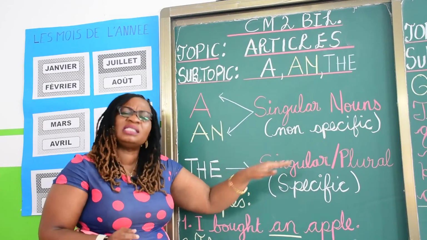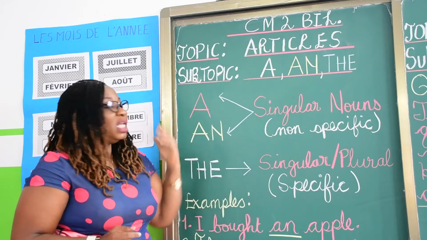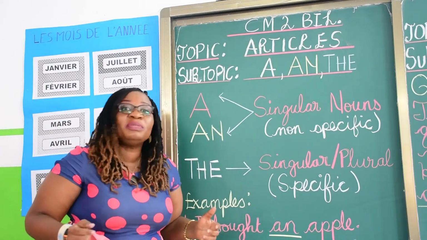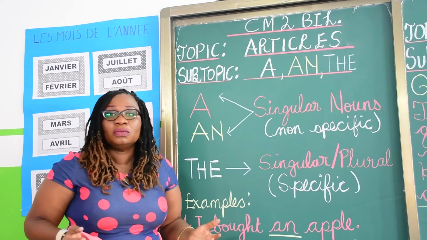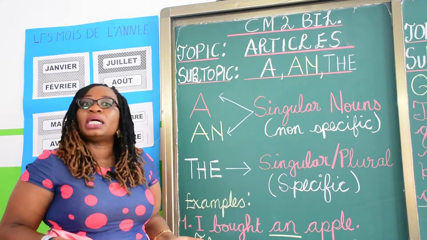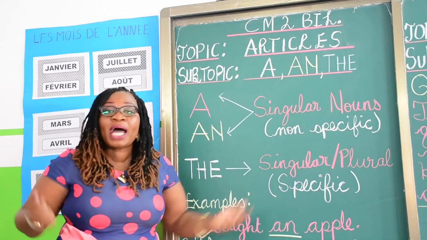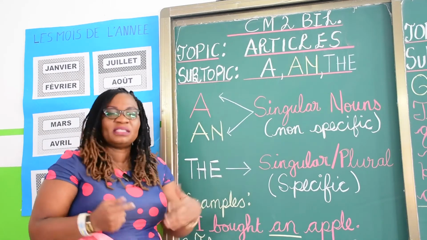Now, when we say non-specific, it means that I could just come and say a bag. A bag can be any bag at all. It can be a school bag, it can be a dressing bag, it can be a very big bag. It is non-specific.